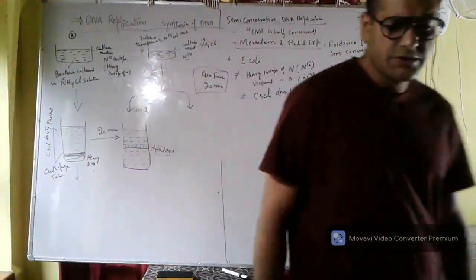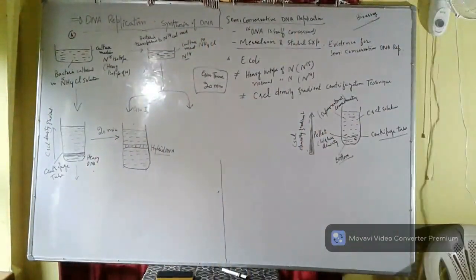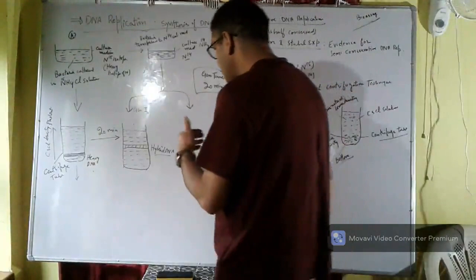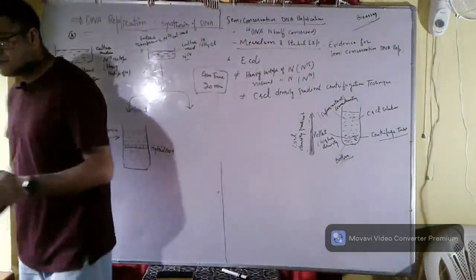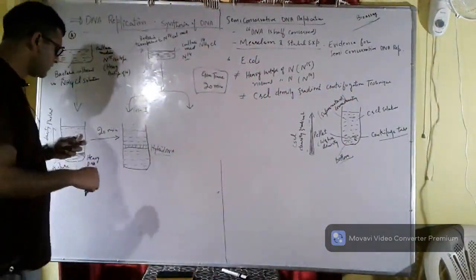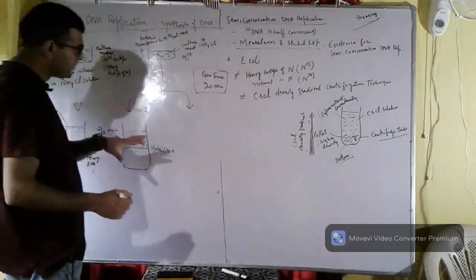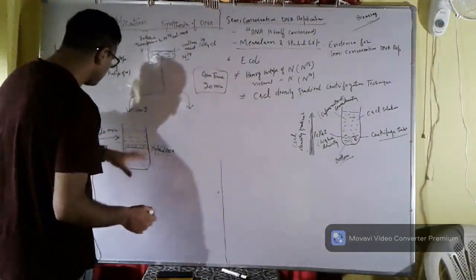Hybrid DNA is the DNA which is intermediate. This hybrid DNA is a DNA which is intermediate between the heavy DNA and light DNA.